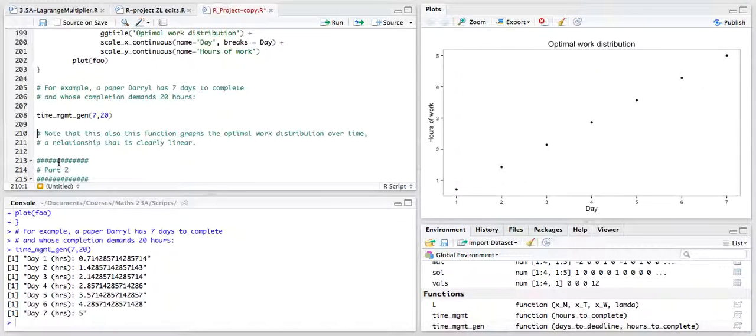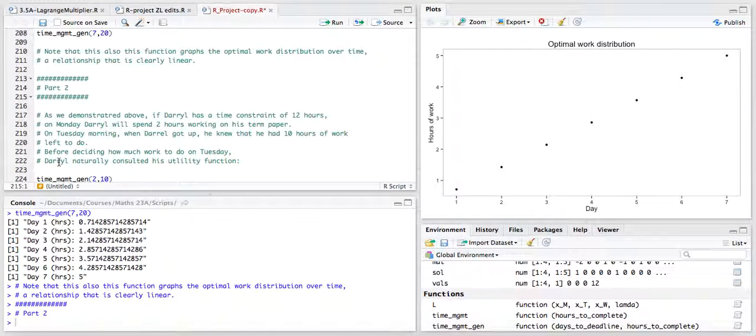So Daryl will need to spend about 0.7 hours on day 1, 1.4 hours on day 2, 2.14 hours the next day, then 2.85, 3.57, and 4.29, and 5. And you see that in the graph on the right-hand side of the screen. And clearly, it's a linear relationship.